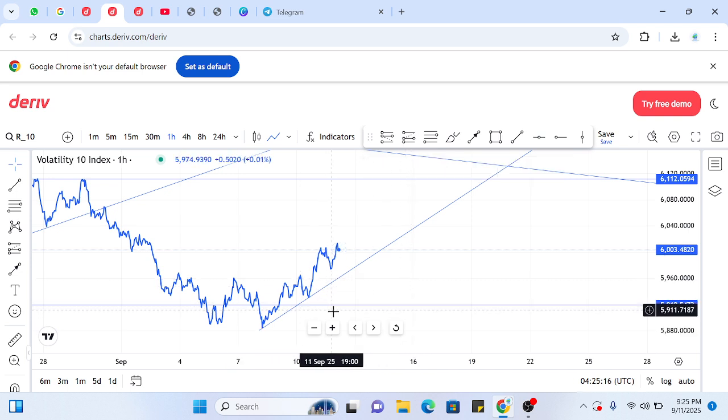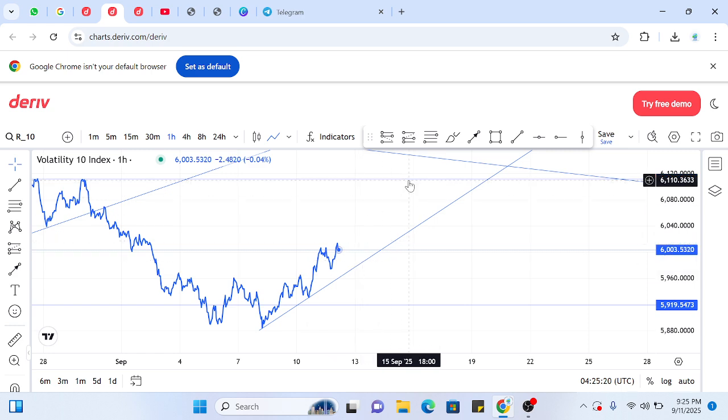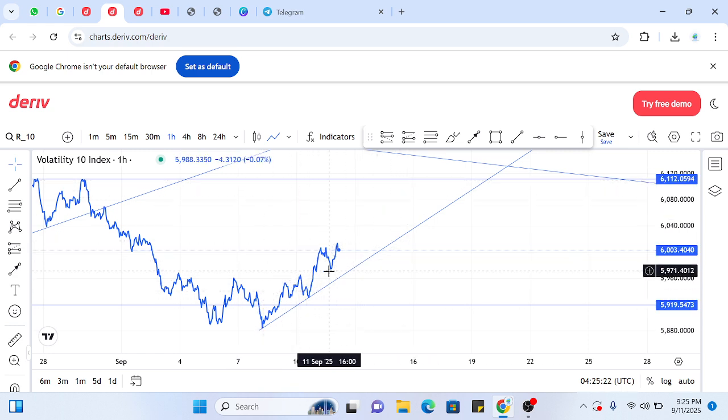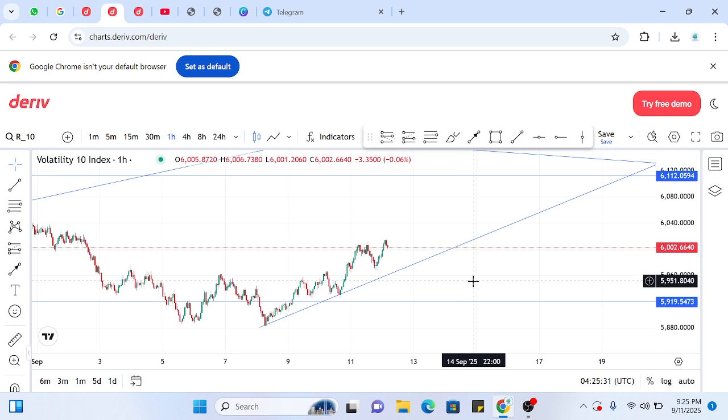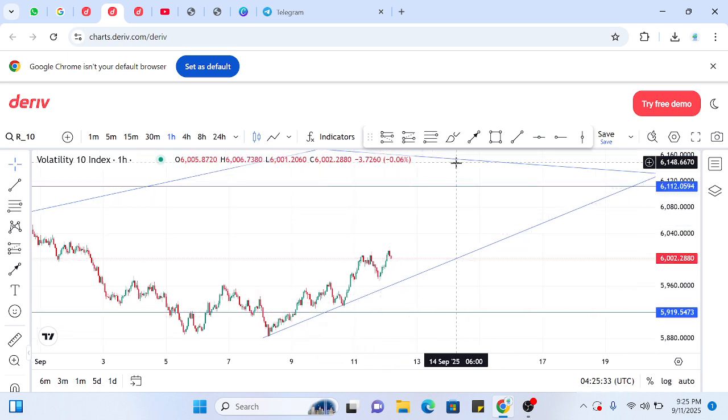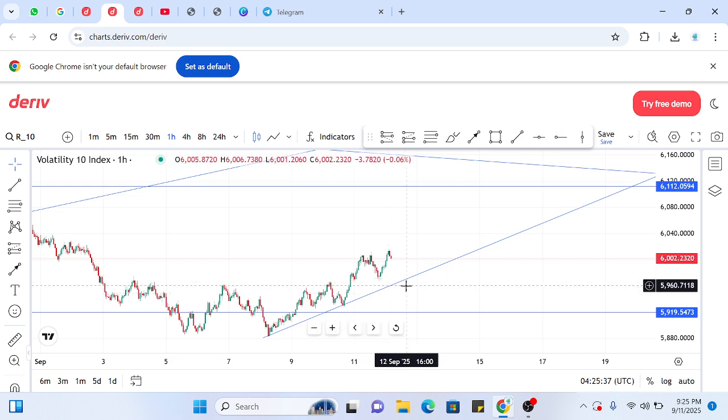So now what can I say? I'll still wait because I know I'm looking for a sell. I won't be participating in this buy except I see a clear reason to participate in a buy here. My intent on this one is to look out for the market to keep moving at least into this area, or even break this trend line.